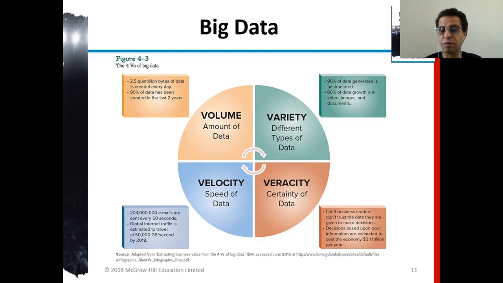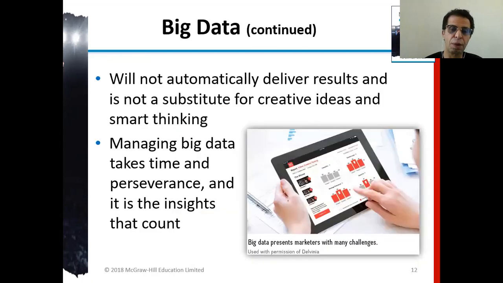And then the veracity, the certainty of data: how much of this data we can trust and how much we cannot. That's another thing you need to look at when evaluating the big data you have in hand. Big data will not automatically deliver results, even after all these difficulties we talked about.